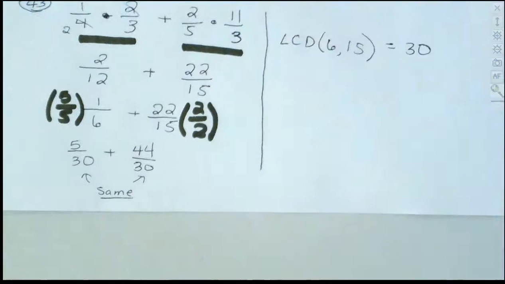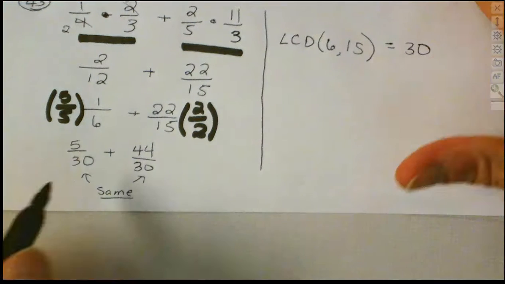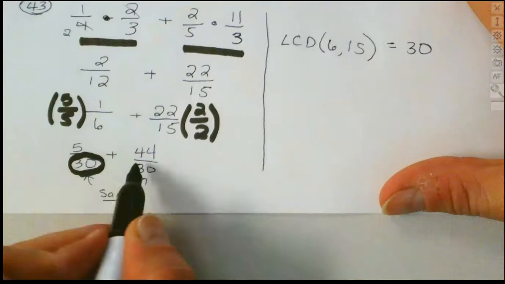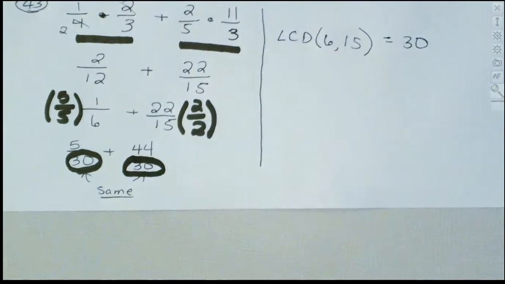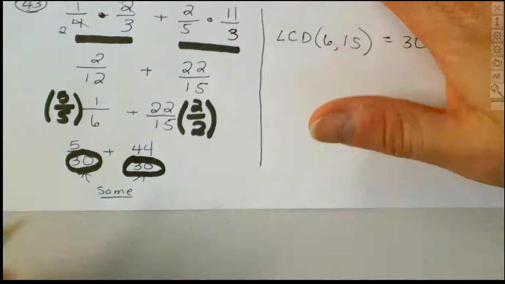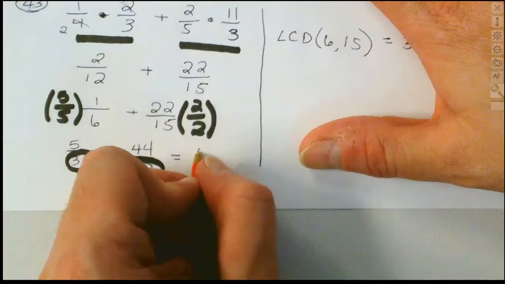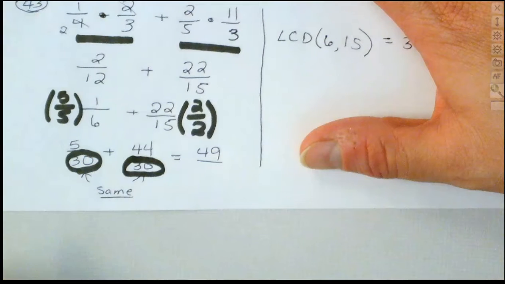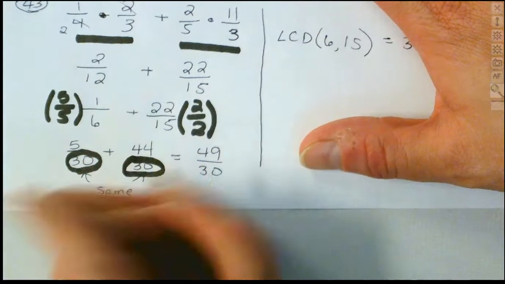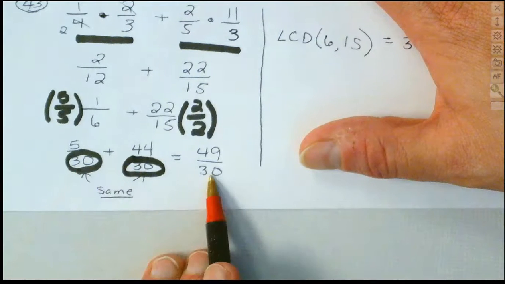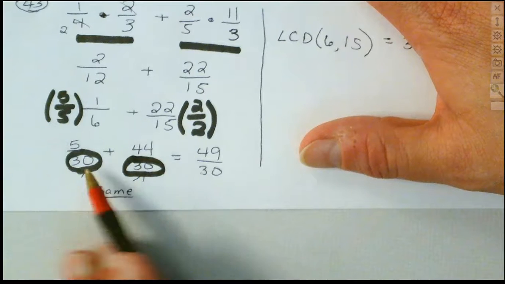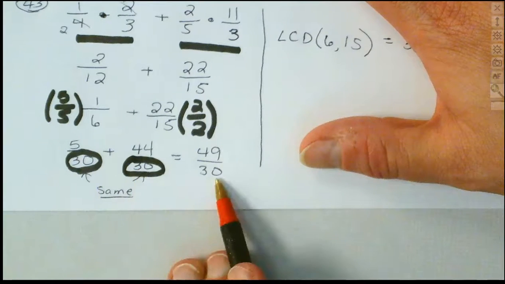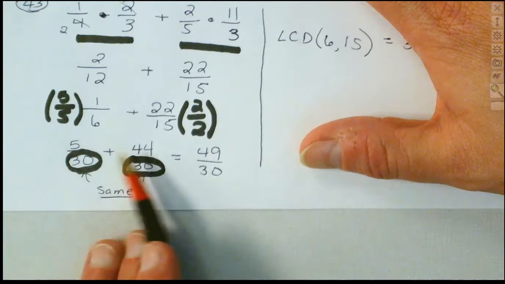If the denominators are the same, if these numbers down below are the same, then we can just add the numerators together. So 5 plus 44 makes it now 49, and the denominator is 30. So don't add the denominators together and make 60. The denominators stay the same. Once these are the same, you just write down your denominator. You add or subtract your numerators.